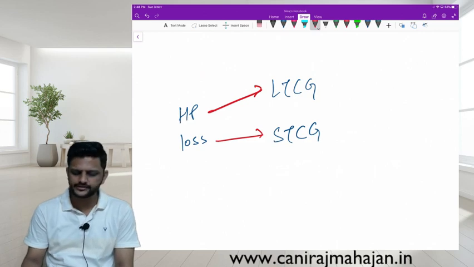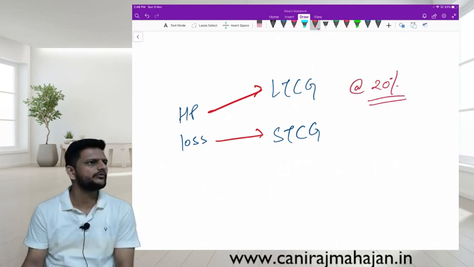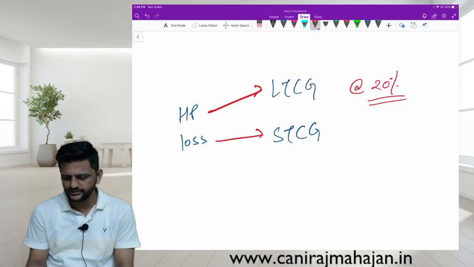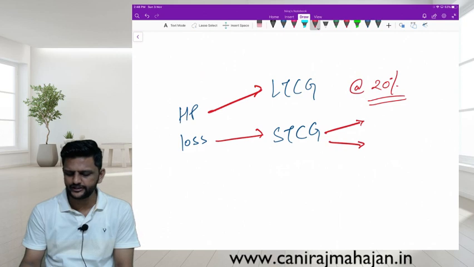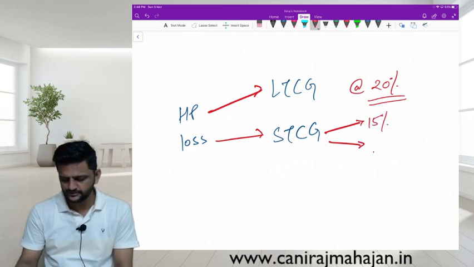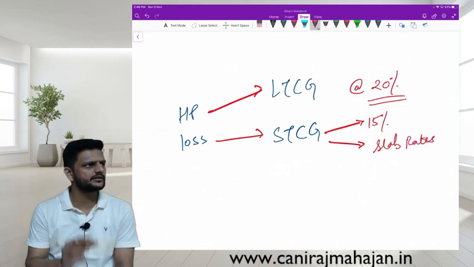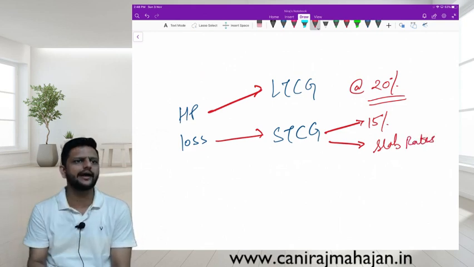The only answer is it is taxed at higher rate of 20%. What are the rates of STCG? 15% for that 111A. Otherwise, it is just slab rates. Remember or no? So anything done, still LTCG rate of 20% is still high.